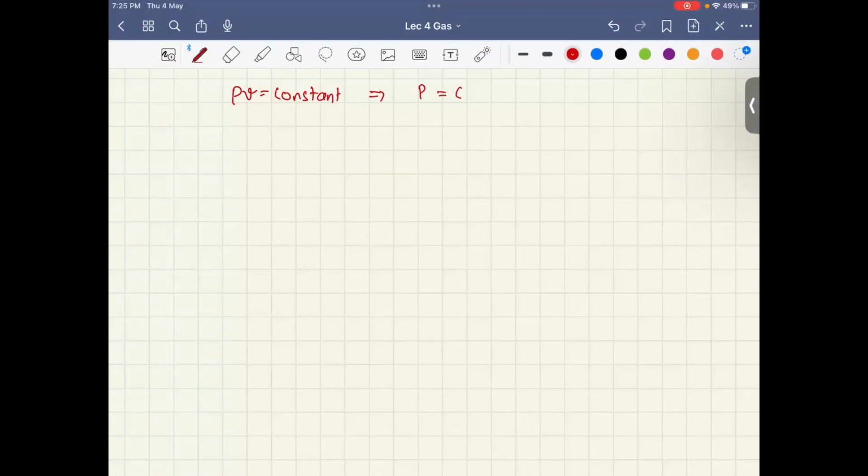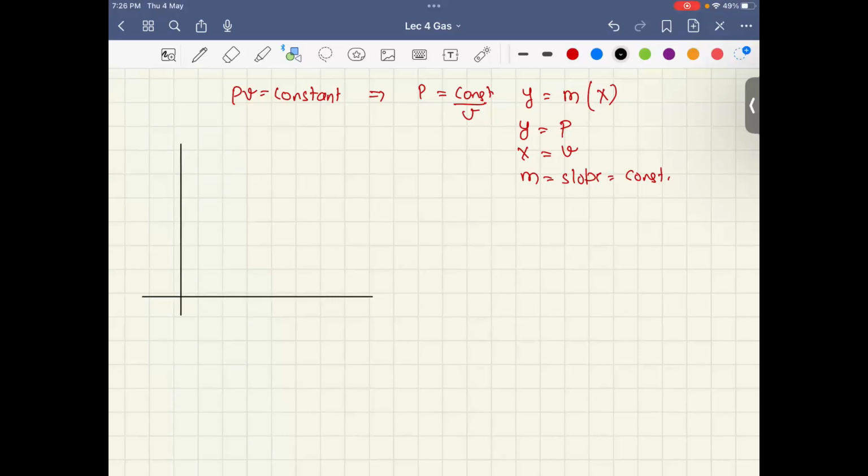This means P is equal to constant by V. Then y is equal to m into x, where y is pressure and x is going to be 1 by V and m is nothing but slope, which is constant, right? Hence the nature of the graph is going to be a straight line.